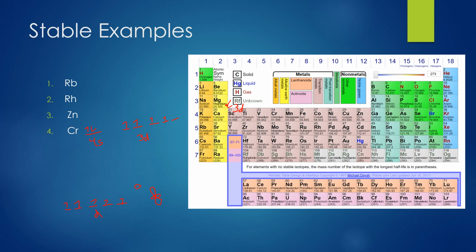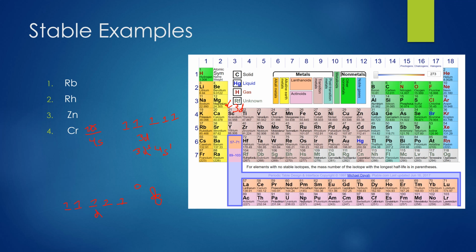You would. So what we can actually do is borrow one of the electrons from over here and move it into the D. So now we'll have 3d5, 4s1.